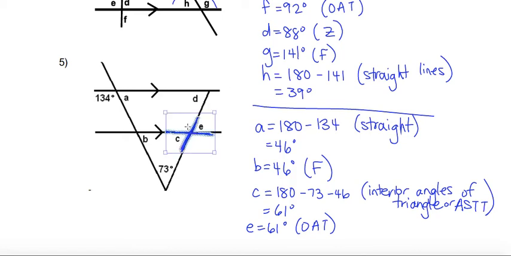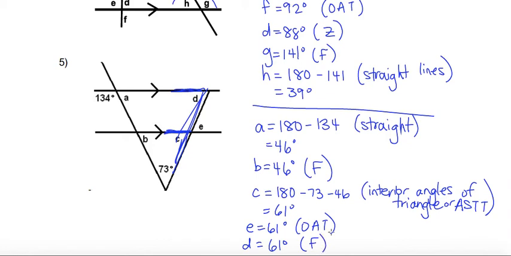And lastly, I can solve for D by again drawing a letter F, and so D and C are also the same. So D is also equal to 61 degrees because of an F pattern.